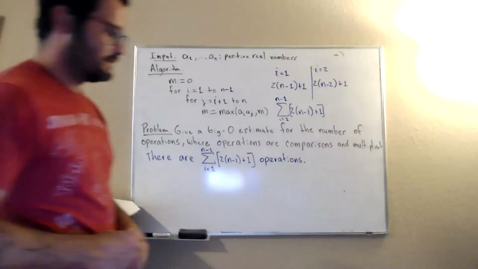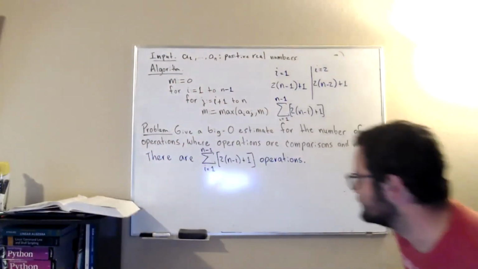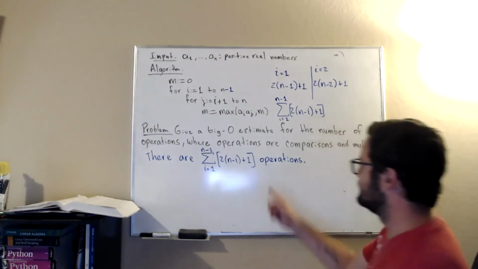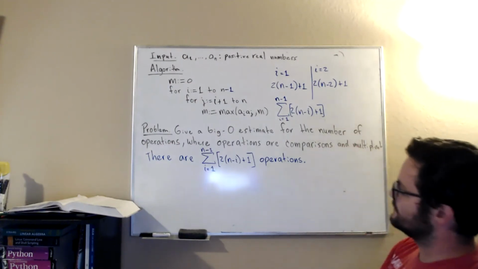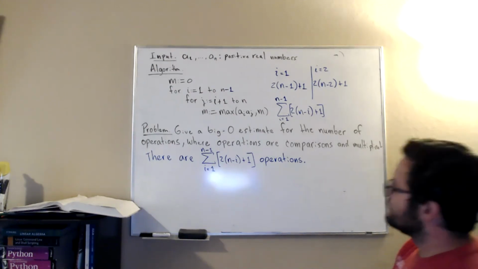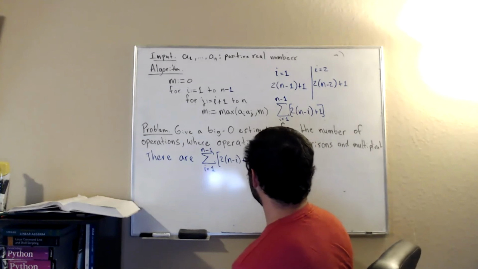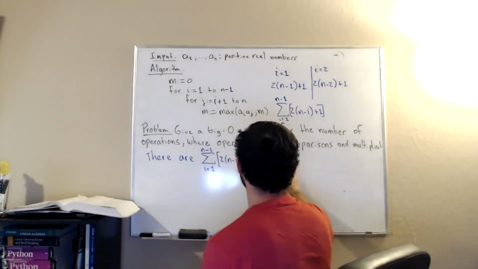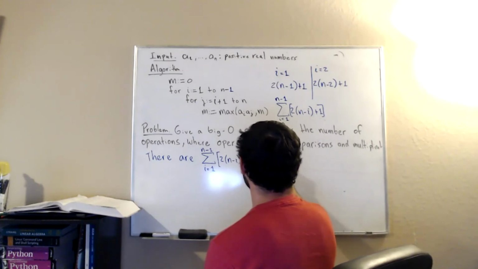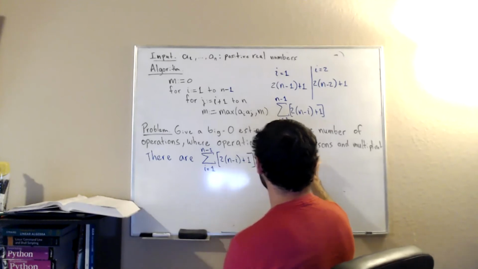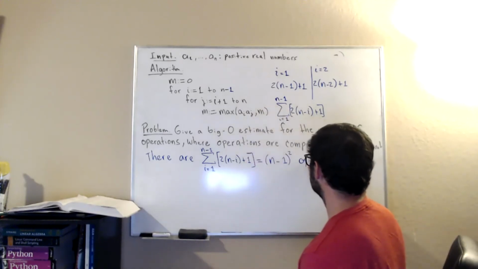Okay. I've seen this formula before. Something very similar to this appears in another lecture of mine. And I'm pretty sure that this equals n minus 1 squared.